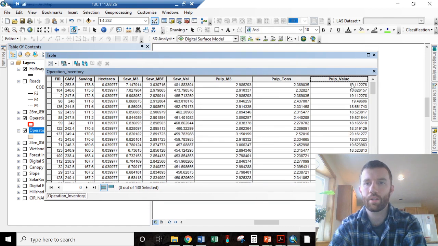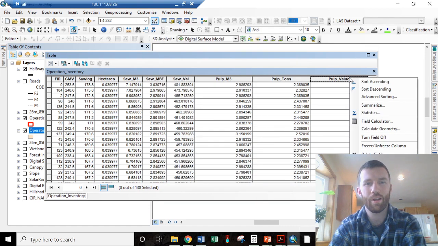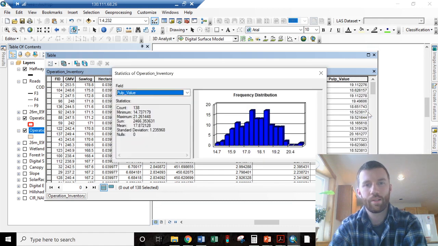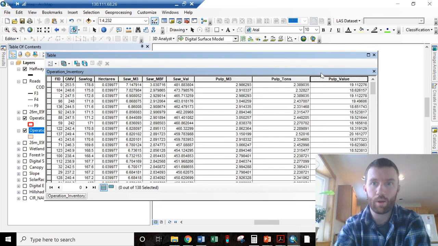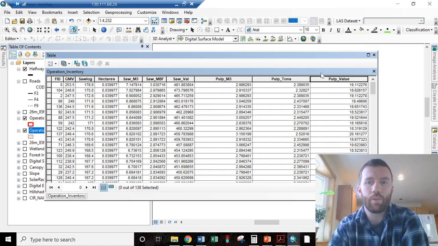And that means that there's about a whole $20 worth of pulp in there. Statistics for that, we have $2,466 worth of pulp coming out of that harvest. So the saw logs is obviously the reason why we're here, but $2,000 worth of pulp will pay for half a summer student, so that's worthwhile.